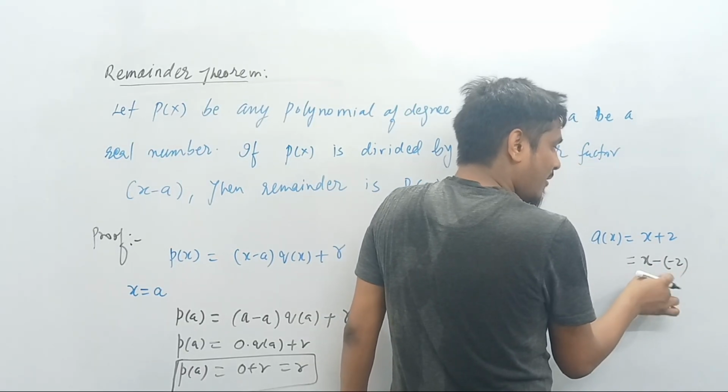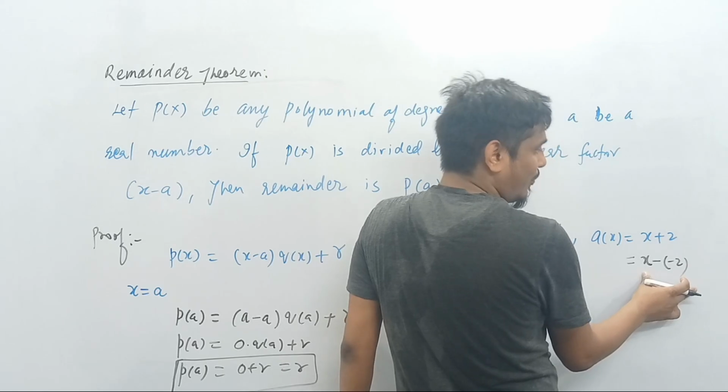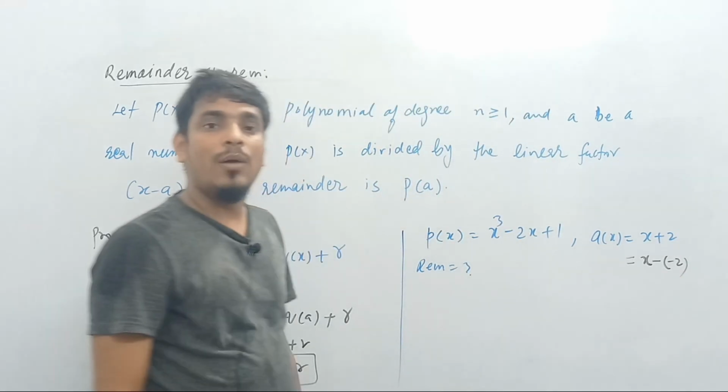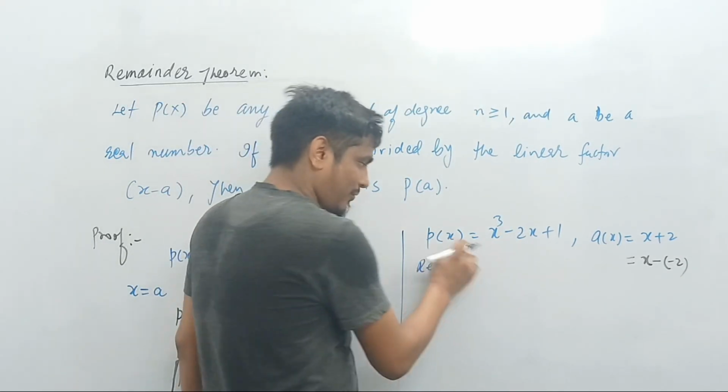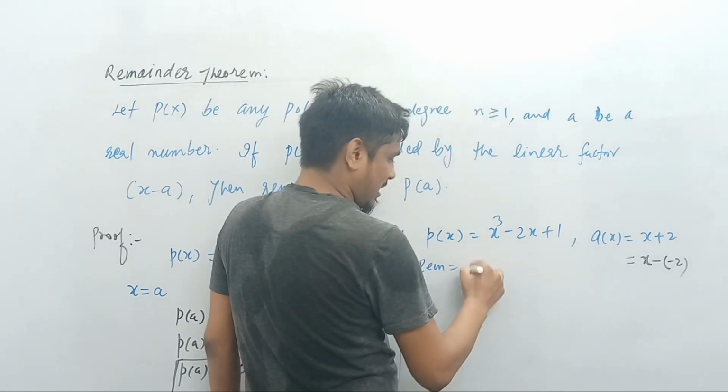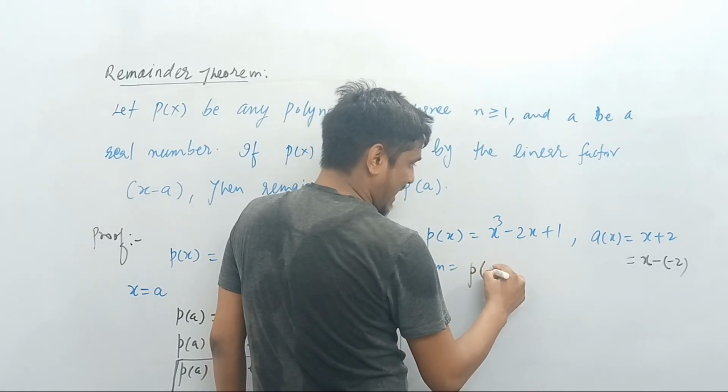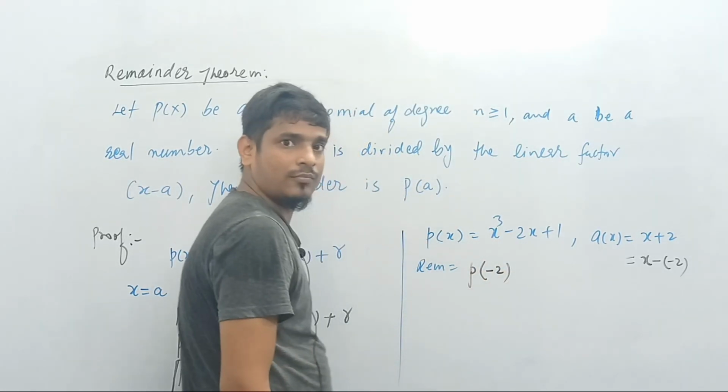It means when we substitute this equal to 0, we'll get the value of x is equal to minus 2, means the remainder in this case is the value of the polynomial at x is equal to negative 2, right?